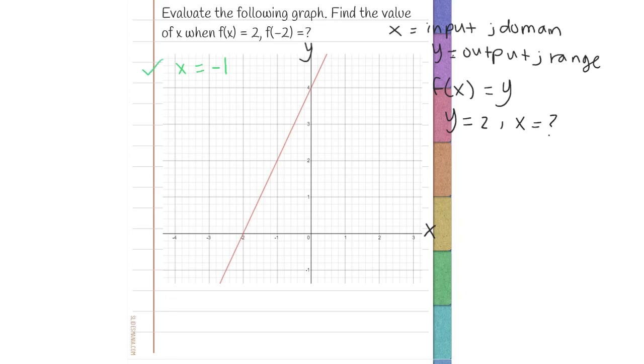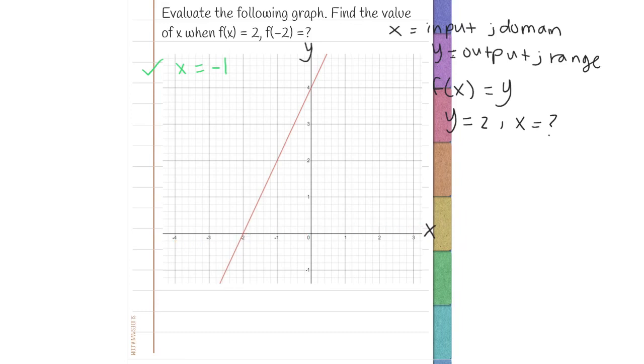Now it's asking, when f of -2, what is the y? So they give us this right here as our input. This is our x. So now we're going to be reading the graph from left to right, only from left to right. Let's find where x is -2.